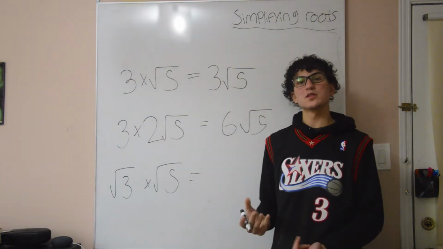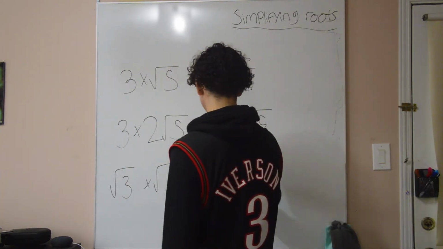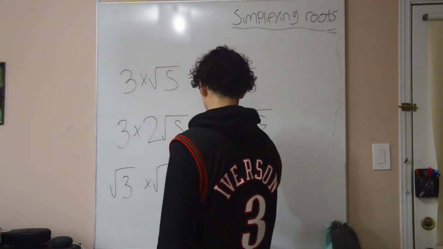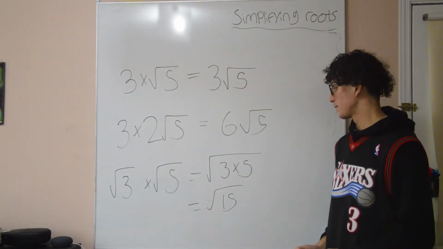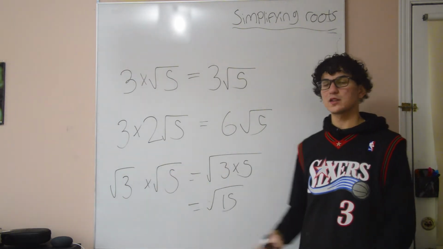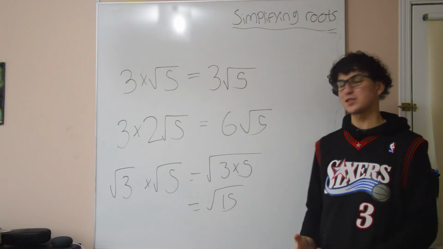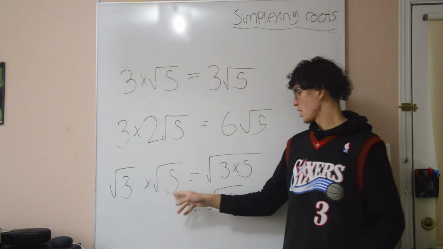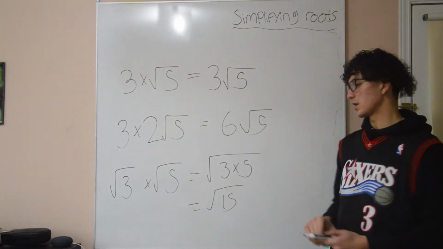Well, what do we do in this situation? And actually what we end up doing is simply this: root of 3 times 5, which gives us root 15, just like that. And this is how we actually multiply our, what are they called, our rational expressions. If it's on the inside of our root, we multiply the insides. And if it's on the outside, we multiply the outsides.